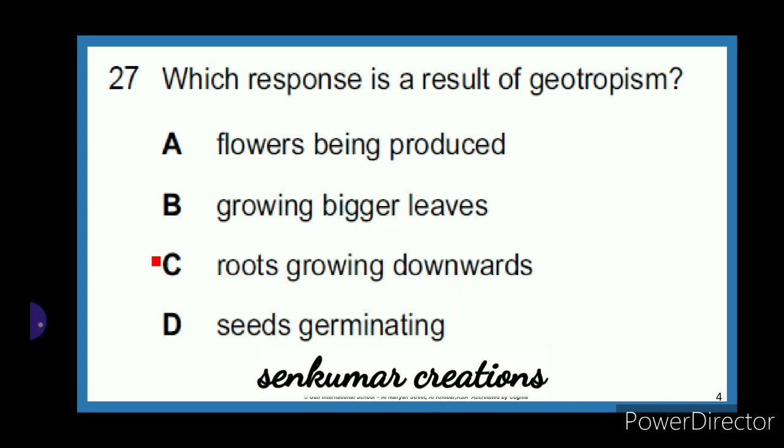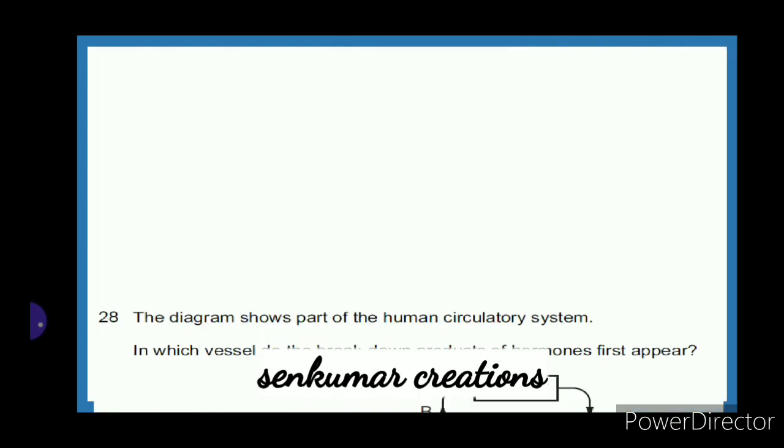So the root shows positive geotropism and negative phototropism, because it is growing in the opposite direction of the light and towards the direction of gravity. But when you see the shoot, it is positive phototropism and negative geotropism. It is growing towards the light, not towards the earth. See the next question now.